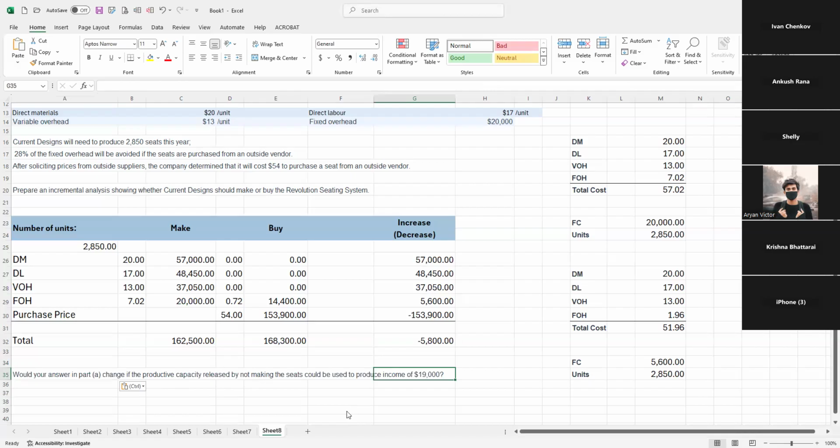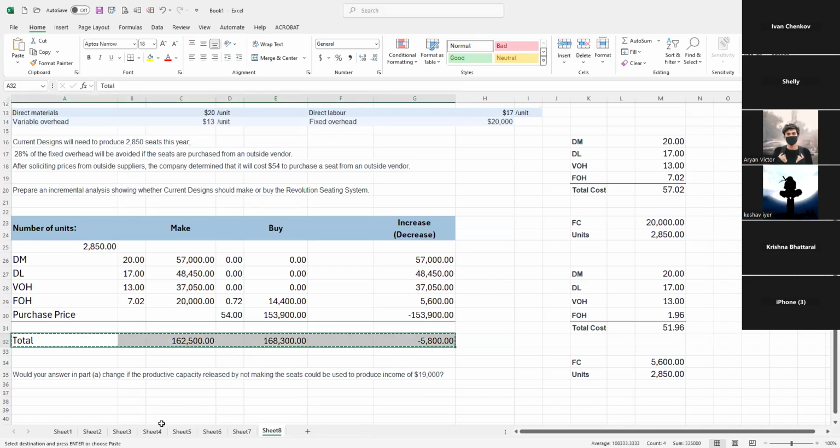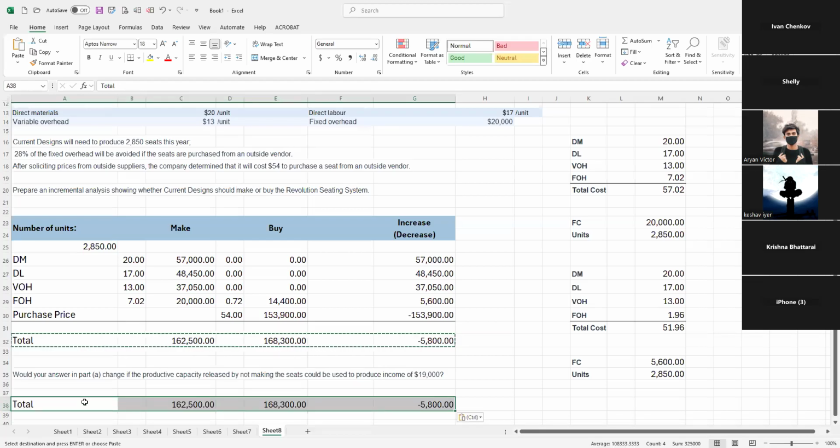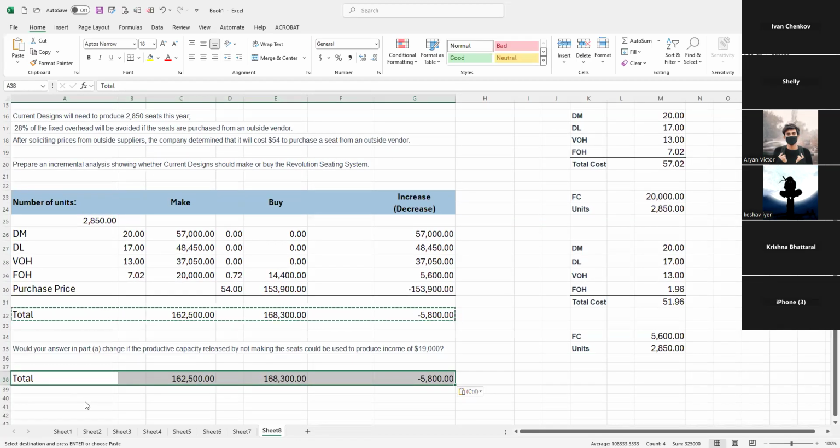So if we generate this $19,000 income, is that going to be enough to overcome this loss? Obviously, it will be, correct? Make sense? Yes. So at this point, we're losing.